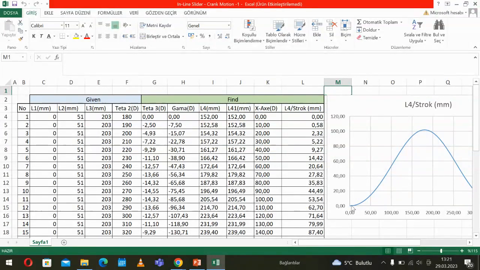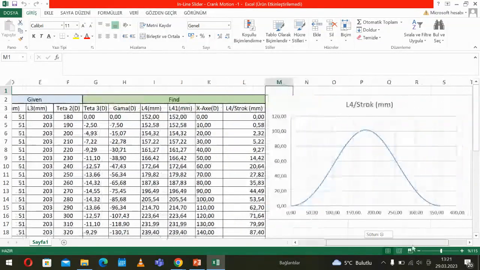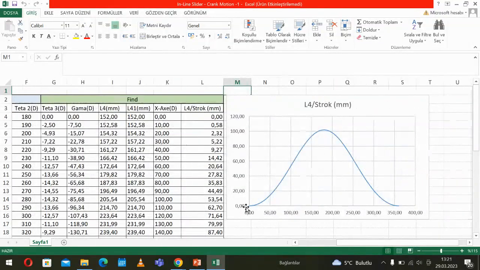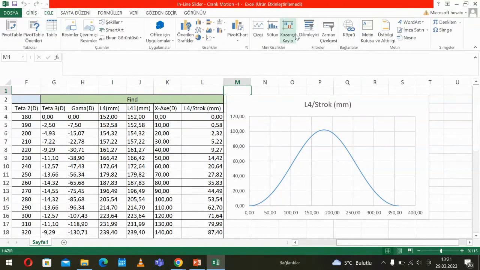You see here it starts from 0 and goes to around 102, the maximum stroke, and then comes back. So it needs 180 degrees here, somewhere around 180 degrees. Oh, is that here? I can't find it.